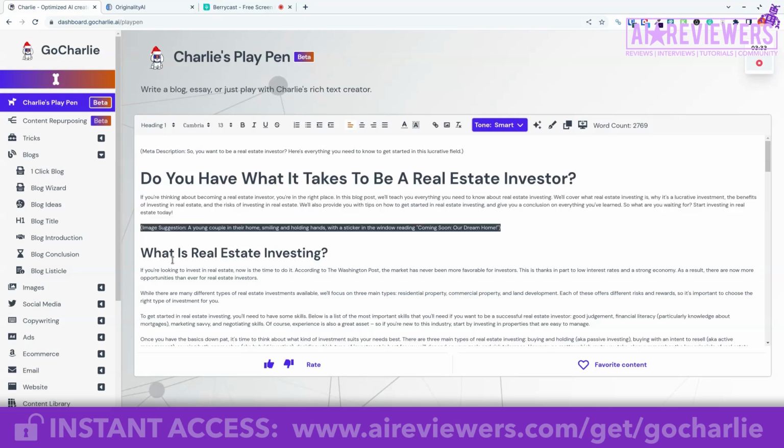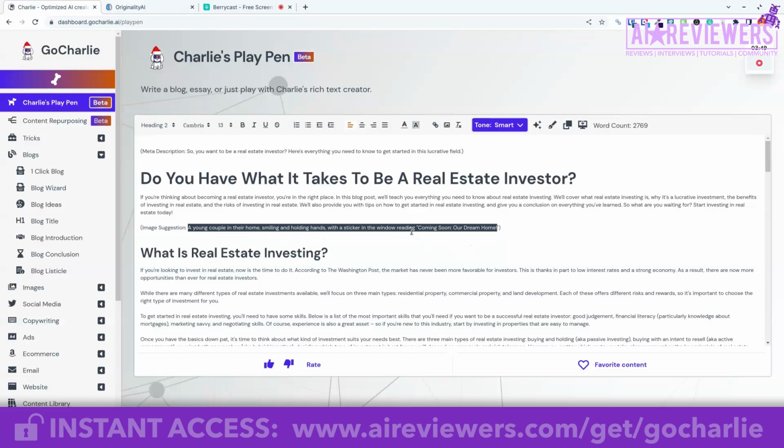And you'll see here there's a little blurb. It says image suggestion, a young couple in their home smiling and holding hands with a sticker in the window reading "Coming Soon, Our Dream Home." This is basically an example prompt that the tool is giving you.